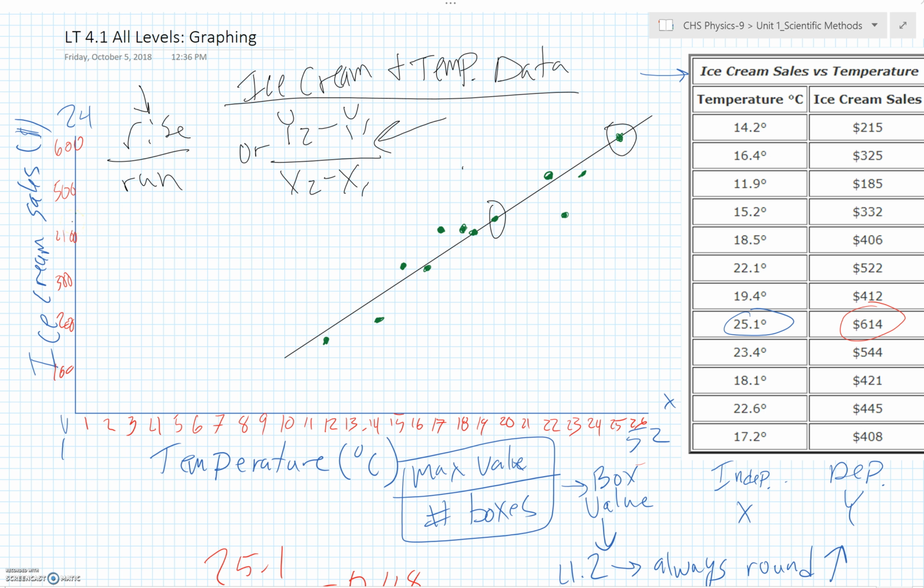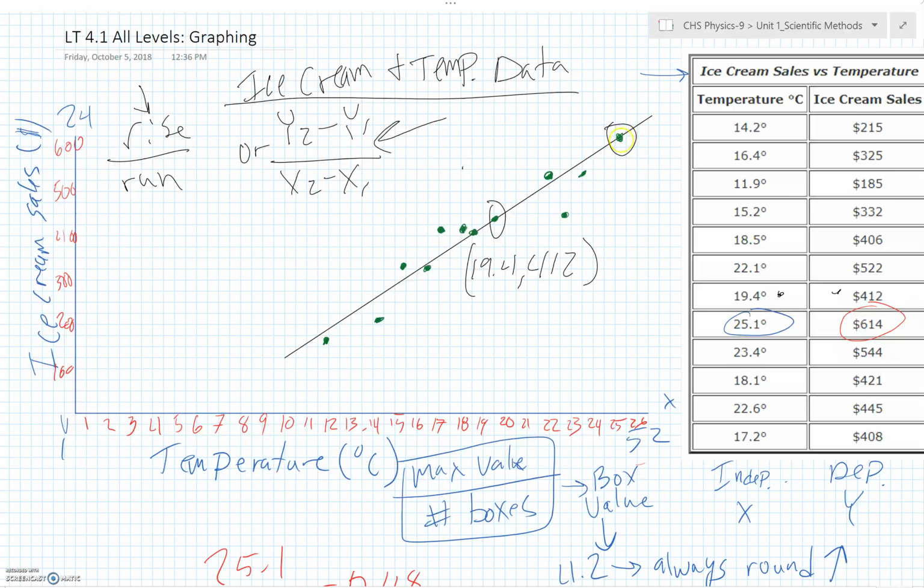Okay, a guess, but we have our data table over here. I'm looking for something between 19 and 20. Maybe that's 19.4, and that looks like it. Then this number over here would be 412. So 19.4, comma, 412. That'd be my first ordered pair.